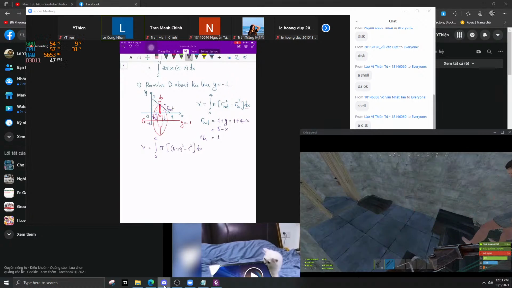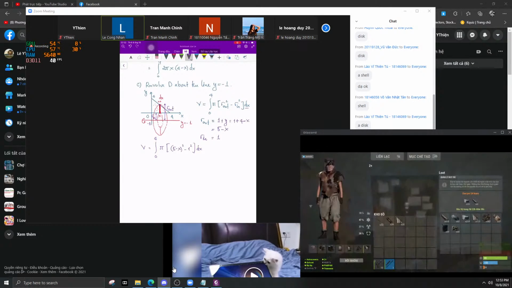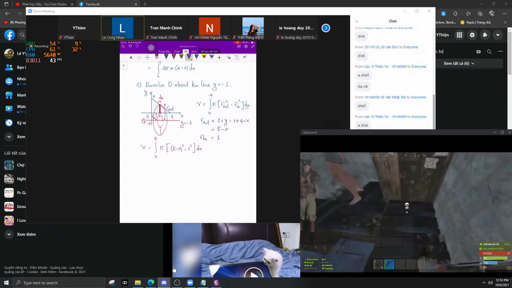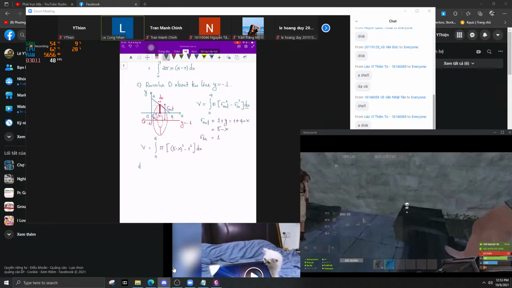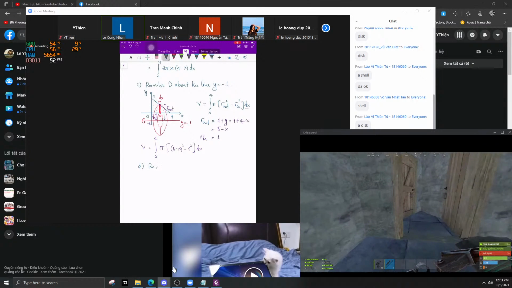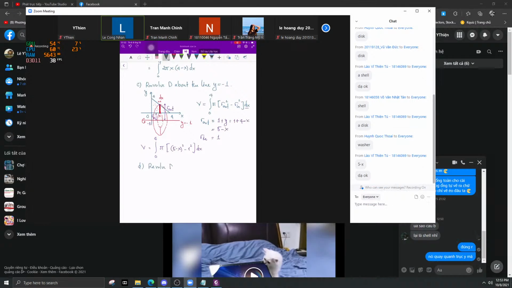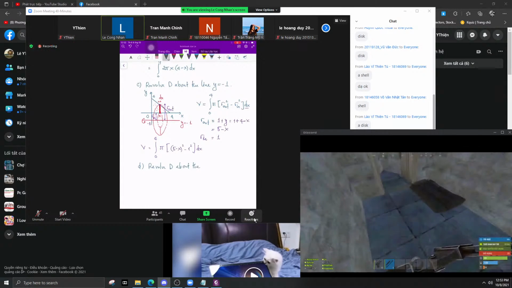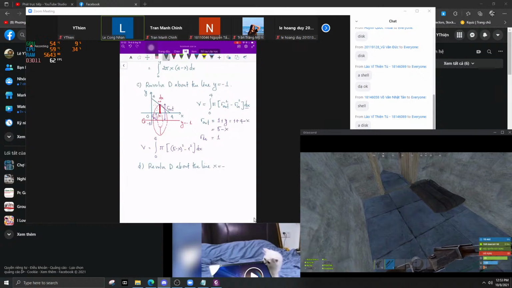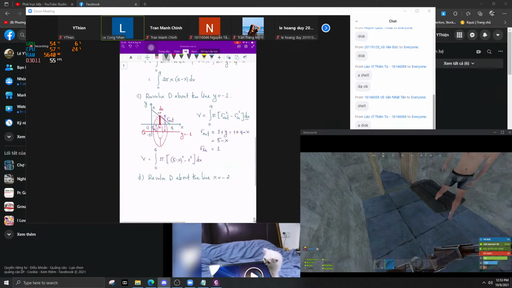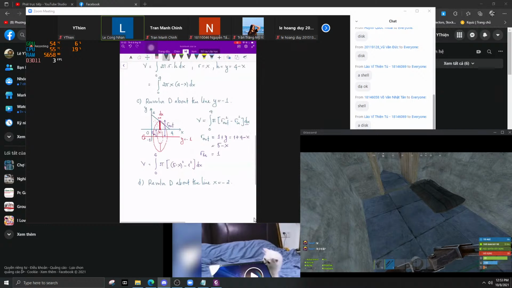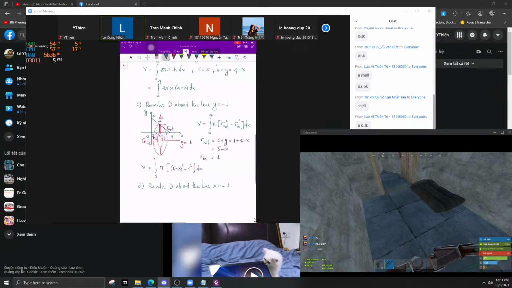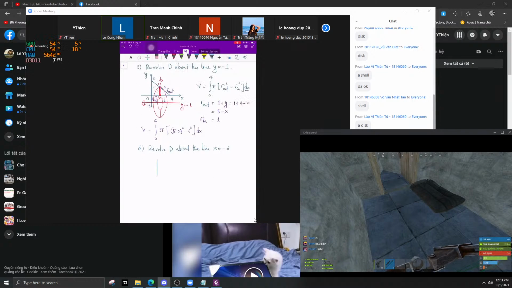The last part of this problem is part D. In part D, we rotate the region D about the line x equals -2. So I can sketch the picture again.